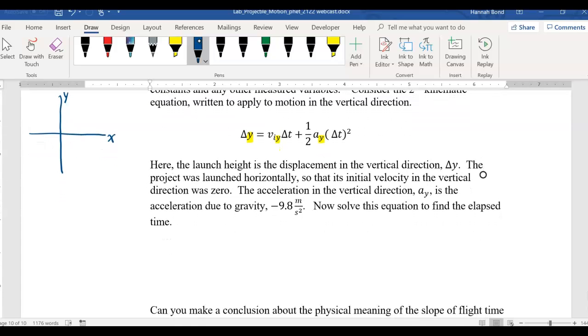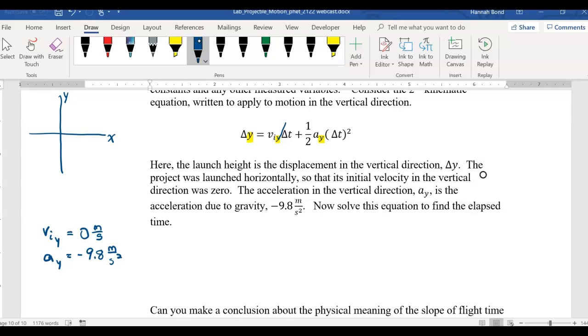So the projectile was launched horizontally. So the initial velocity in the vertical direction is 0 meters per second. And the acceleration in the vertical direction is acceleration due to gravity, so that's negative 9.8 meters per second squared. So we've got those things, and it says let's solve this equation to find delta t.